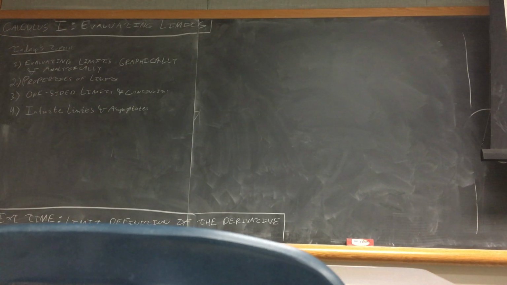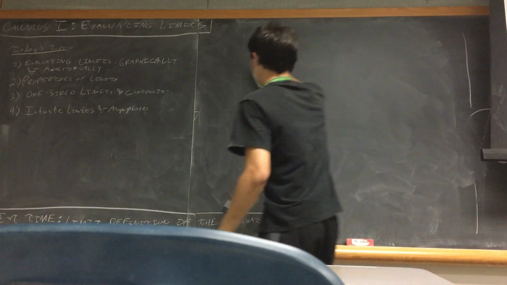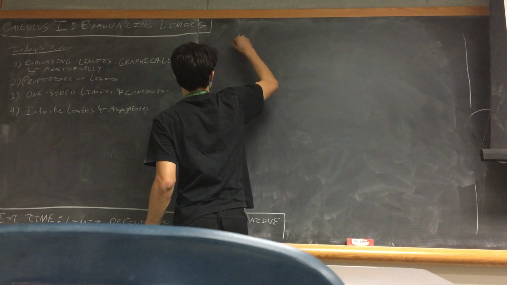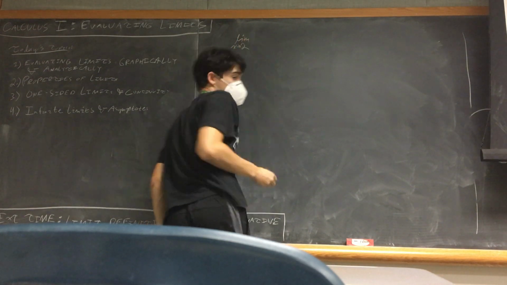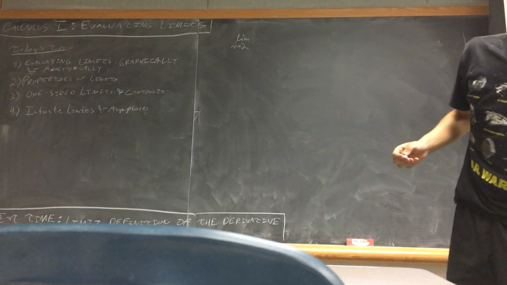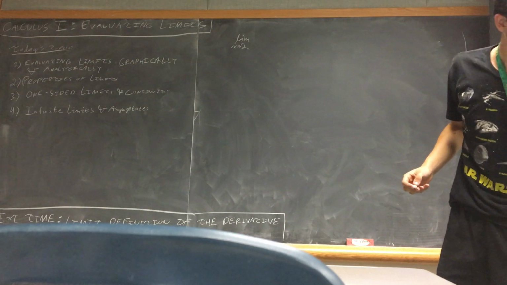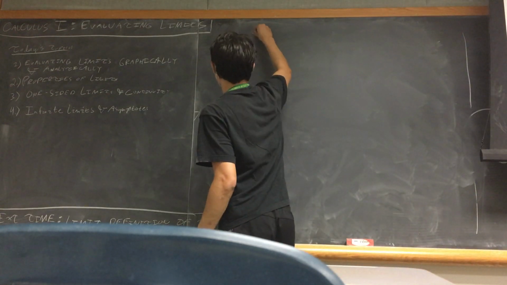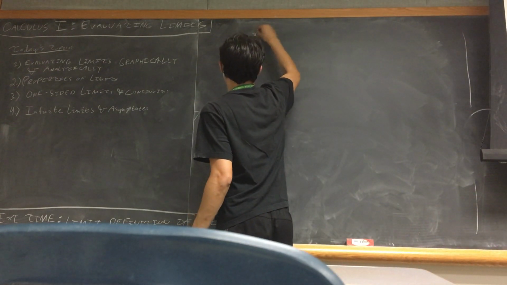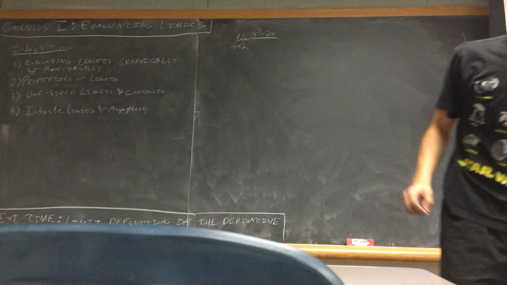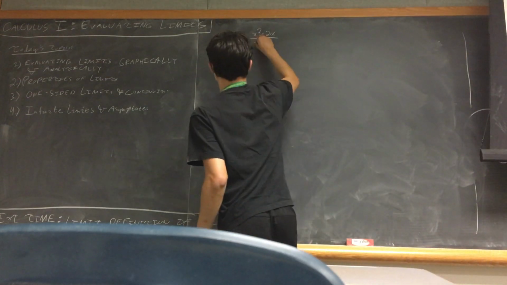So, let's try the limit as x approaches 2 of x squared minus 2x over x minus 2.